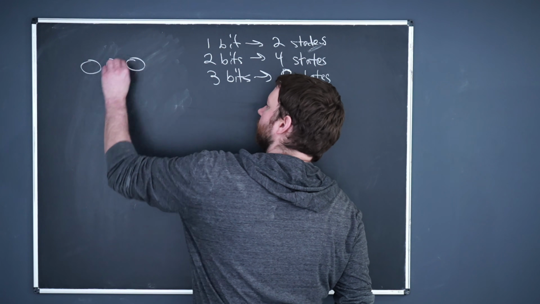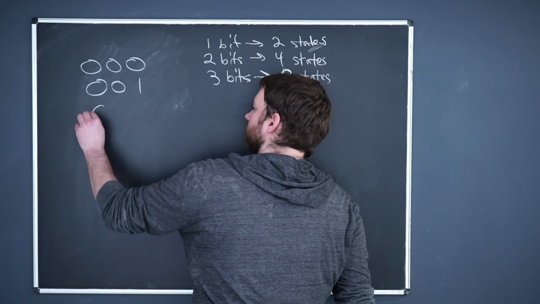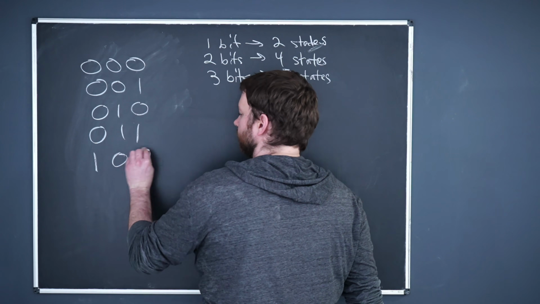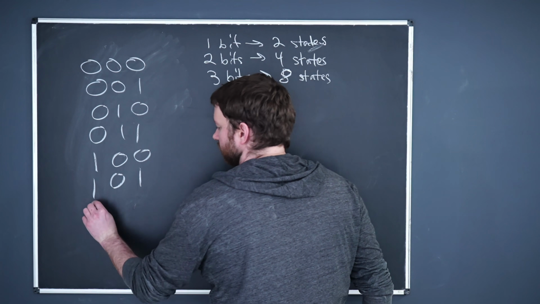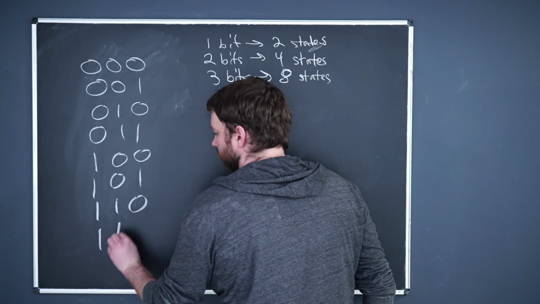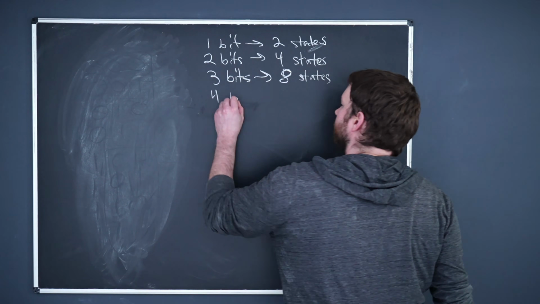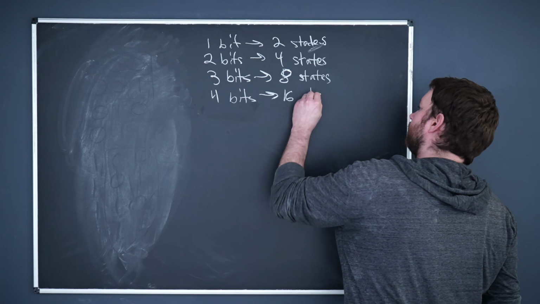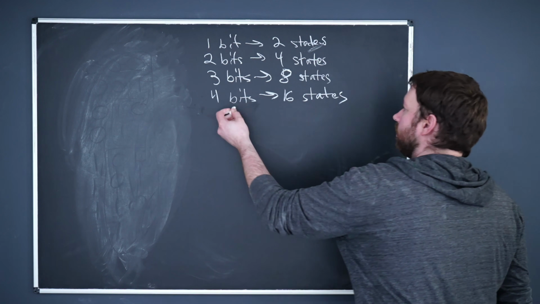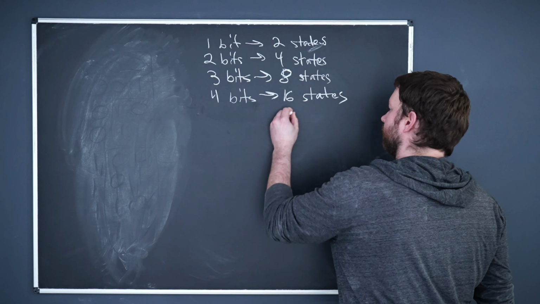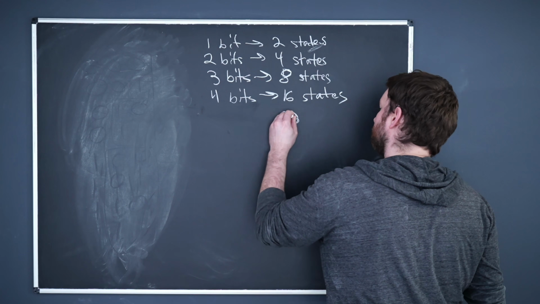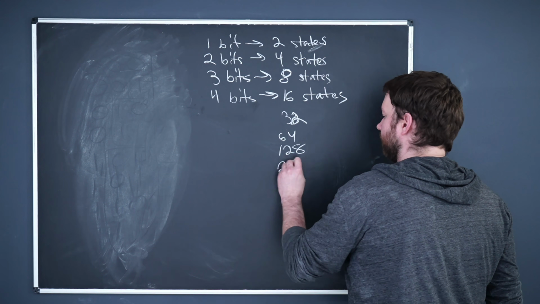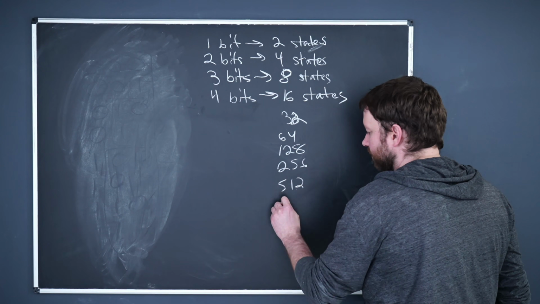We'll have 0, 0, 0, 0, 0, 1, 0, 1, 0, 0, 1, 1, 1, 0, 0, 1, 0, 1, 1, 1, 0, and 1, 1, 1. And then if we had 4 bits, I'm not going to write all those out, that would be 16 states. So every time it doubles, meaning we would get 32, 64, 128, 256, 512, and so forth.